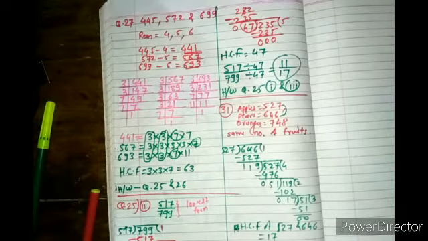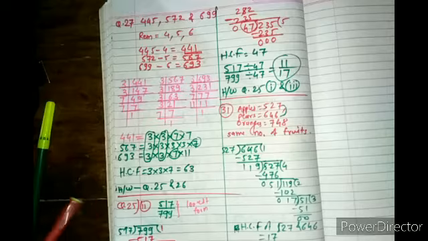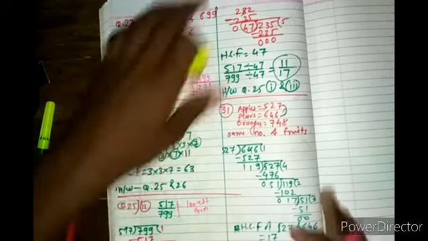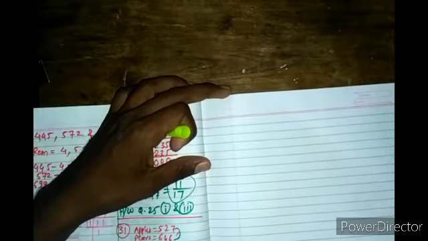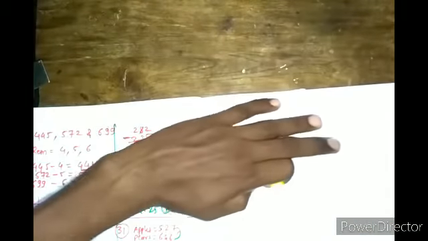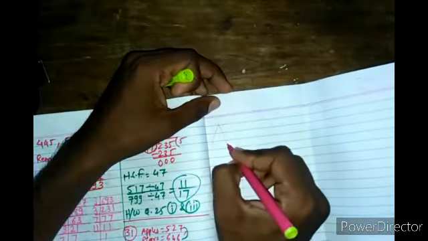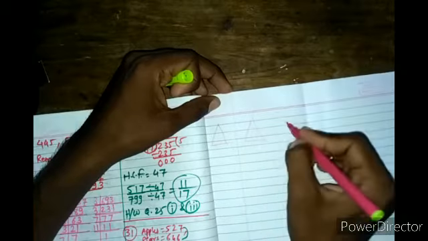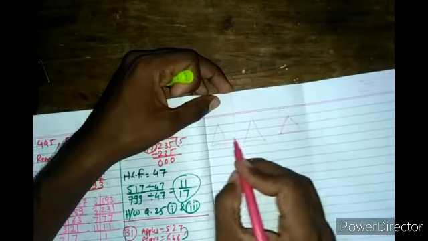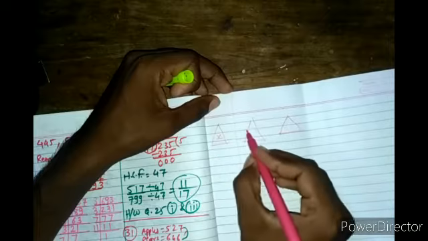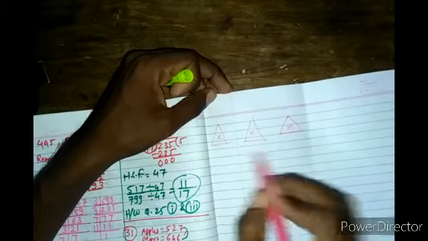Now we have to find the same number of fruits in each heap, right? Suppose if I am making such kind of heap, I want the same number. Suppose this is x, then this is x, and this is x, right?